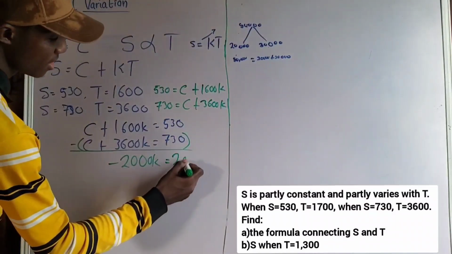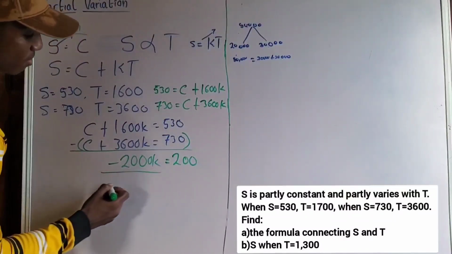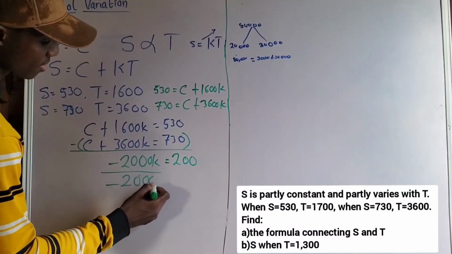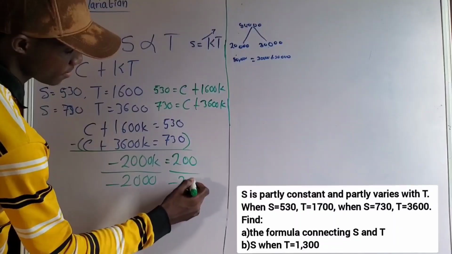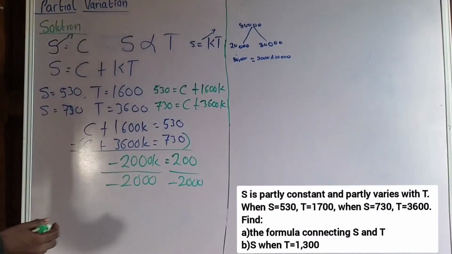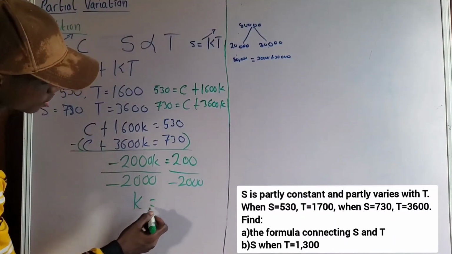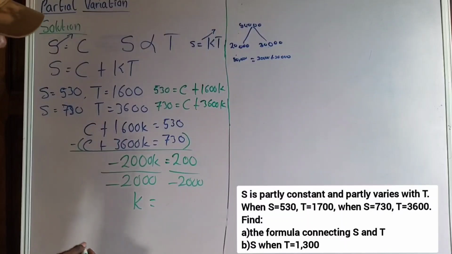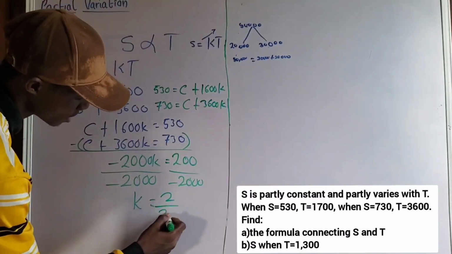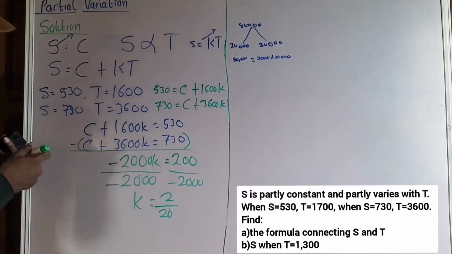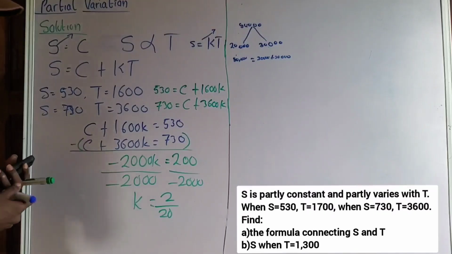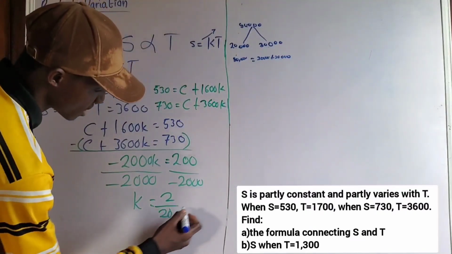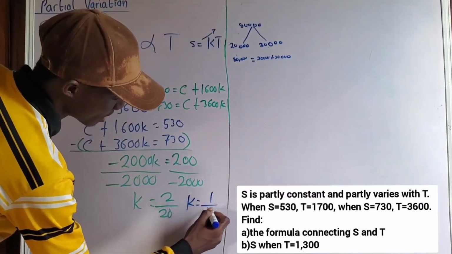Okay, so divide both sides by minus 2000. So K equals 2 over 20. And 2 over 20 is the same thing as 1 over 10. You reduce the fraction to the lowest term. K equals 1 over 10.